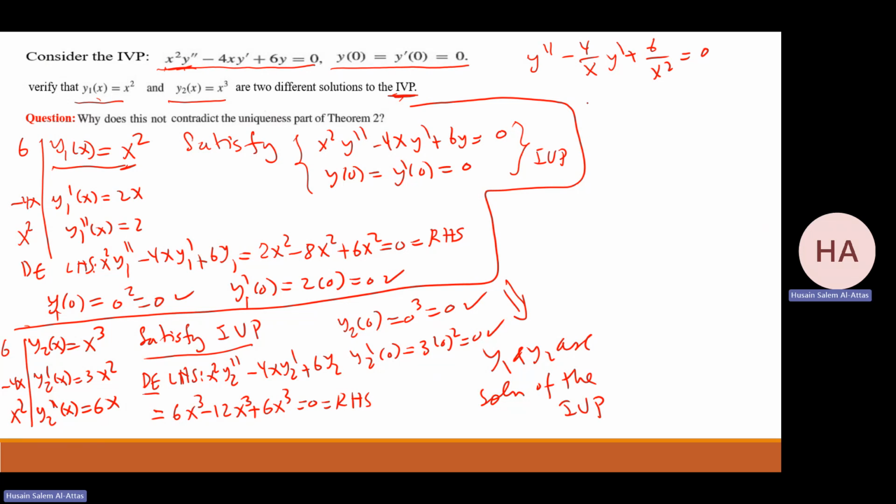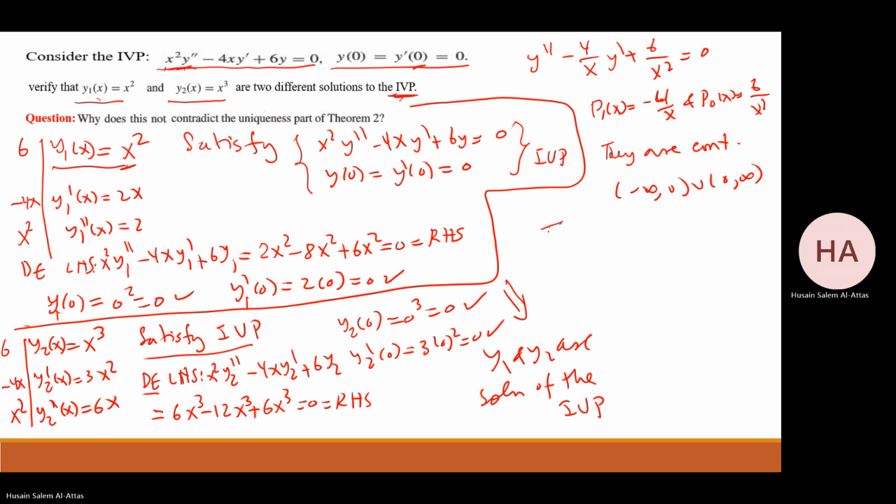I notice p1 of x and also p0 of x are not continuous, or they are continuous where? From minus infinity to 0, union 0 to infinity. But a is 0, so there is no way I can have an open interval containing 0 where the function is continuous.